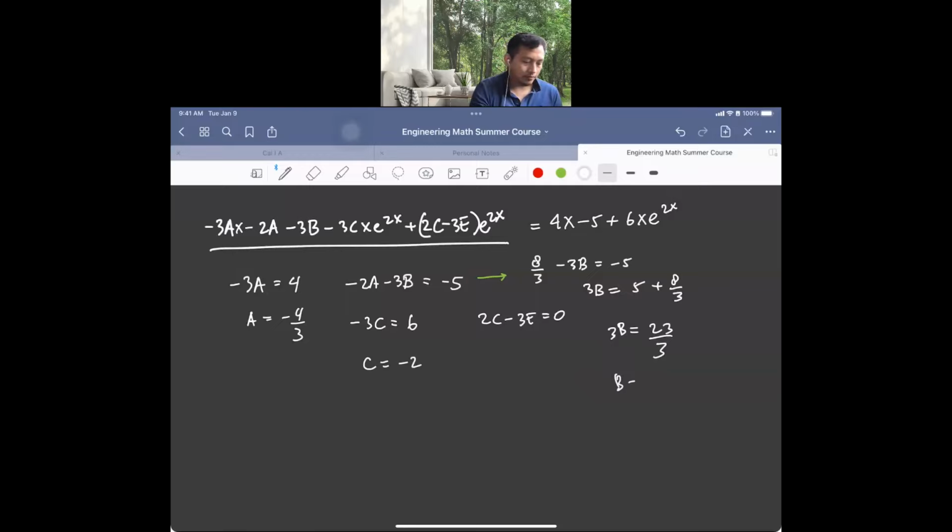So b is 23 over 9. And from c, we got 4 equals 3e, so e is negative 4 over 3. Okay, so we got a, we got b, we got c, we got e.